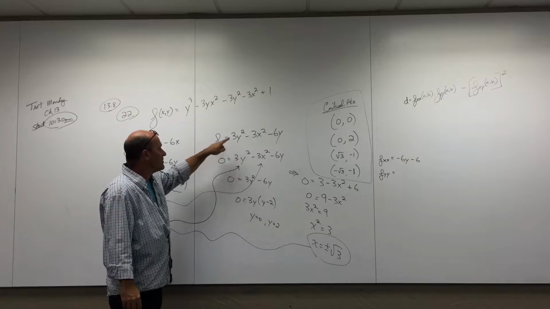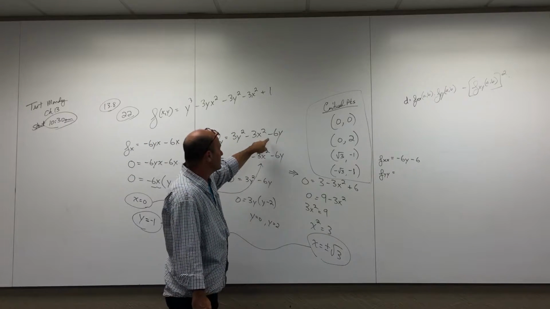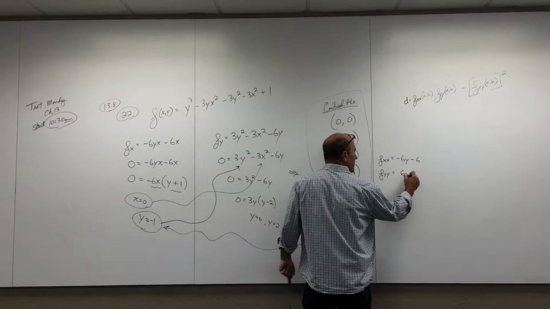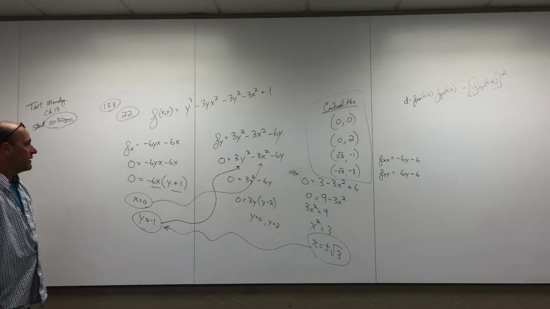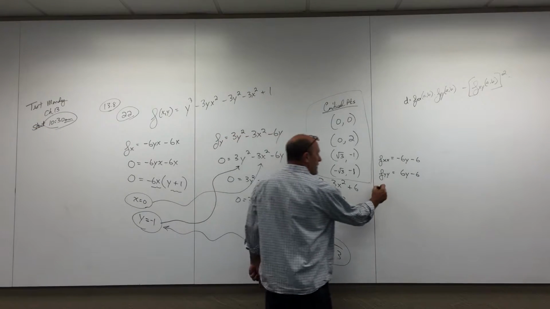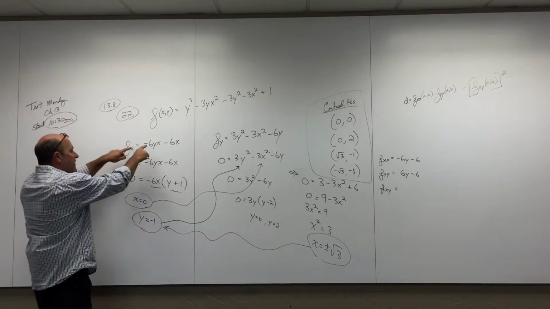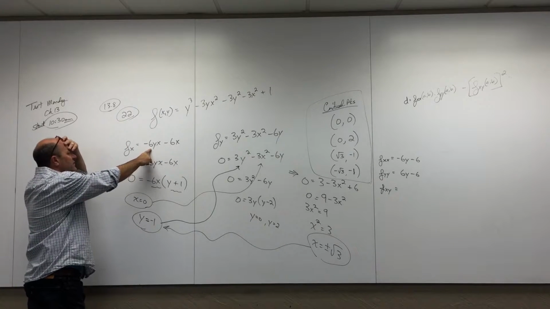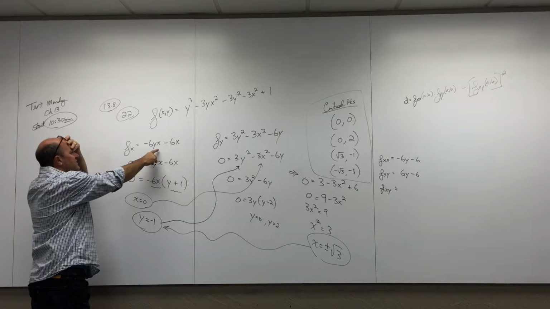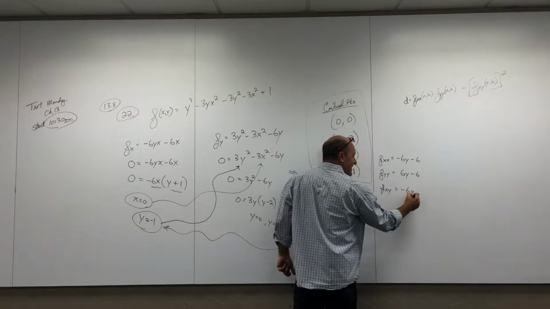Take this derivative with respect to y: 6y minus 6. It's a little different, I guess. All right, I need fxy. That means go to fx and take that derivative with respect to y: negative 6x.